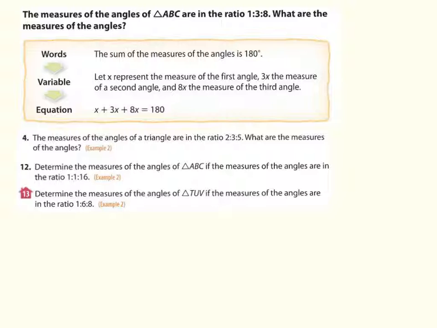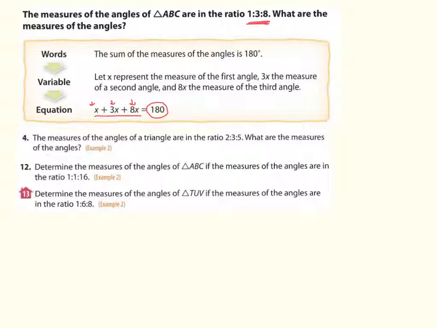So when it gives you a ratio for your triangle, all you're going to do is put x with those numbers and add them all up, like so. It's still going to be 180 degrees as your total because we're still talking about a triangle. So basically you have 1x plus 3x plus 8x, and the 1, the 3, and the 8 came from that ratio.